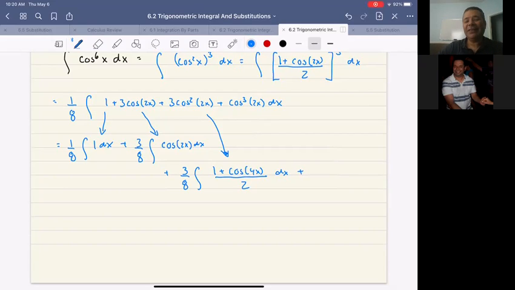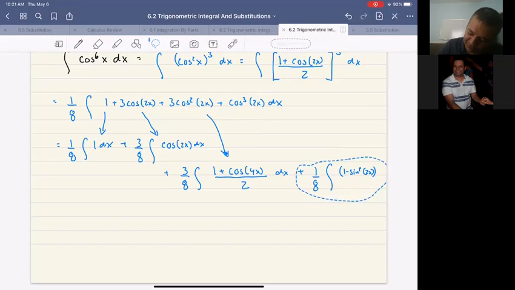And then cosine cubed of 2x, well, that's cosine squared of 2x, so 1 minus sine squared of 2x, times cosine of 2x.